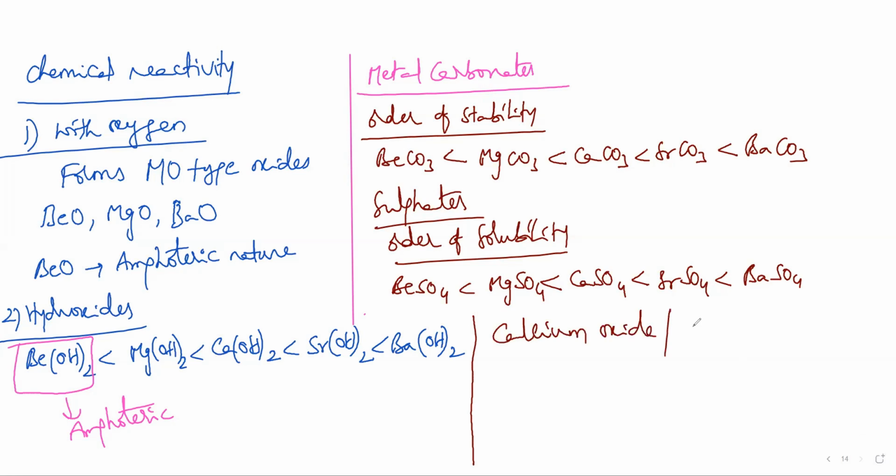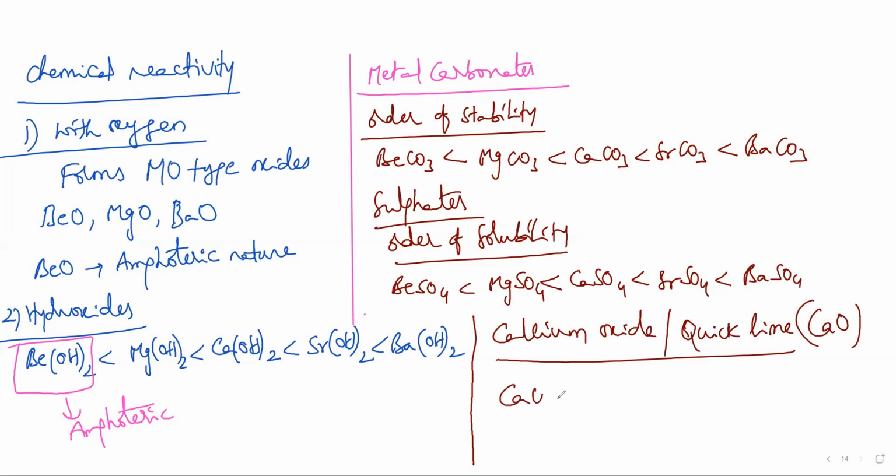It's also known as quicklime, CaO. It is obtained from calcium carbonate. Upon heating, it decomposes to CaO and CO2. So this is what we call limestone or marble.